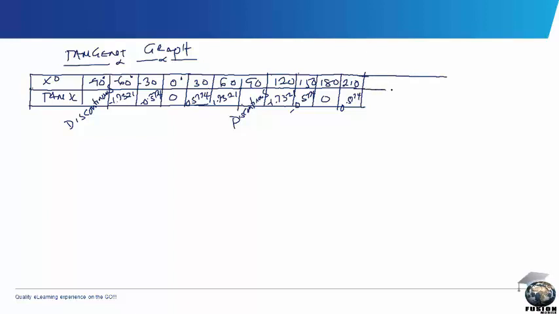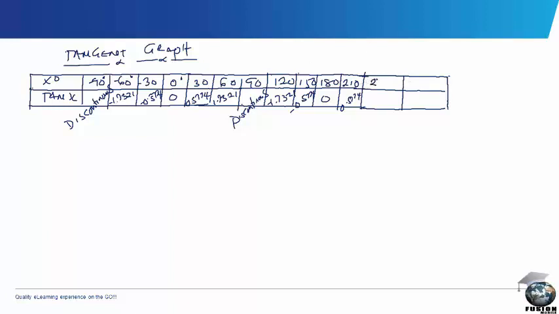How many more points? I think 2 more points. We have 2 more points to fit in. Space is too much, but we'll manage.